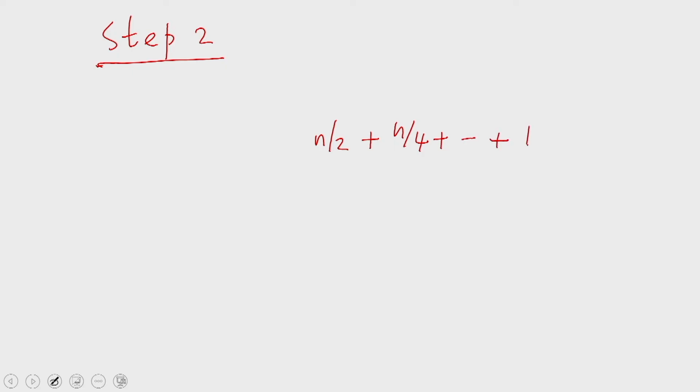Finally, we have a step containing just one operation. So, this is order of n. So, the cost of the entire second step is order of n, whereas the time taken by the second step is log n to the base 2.